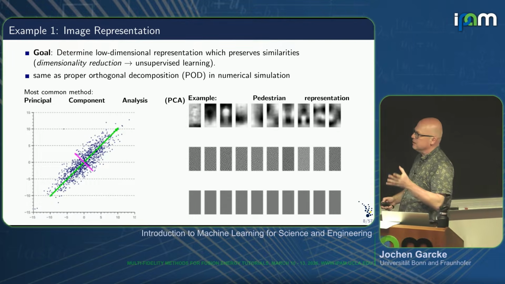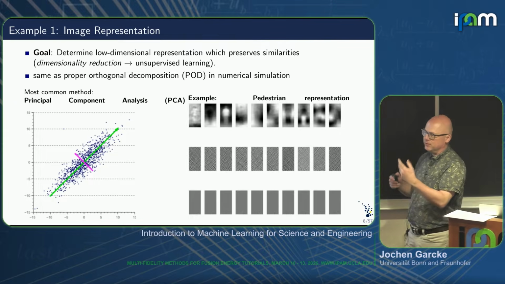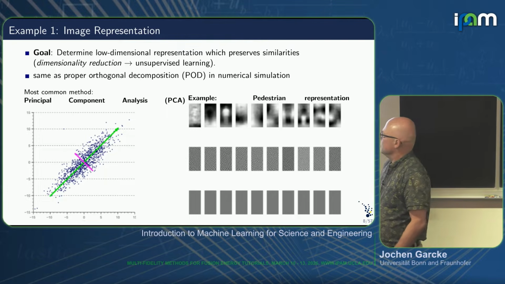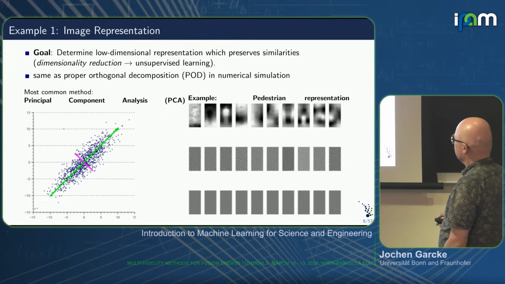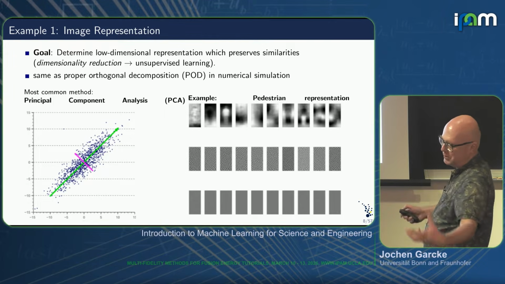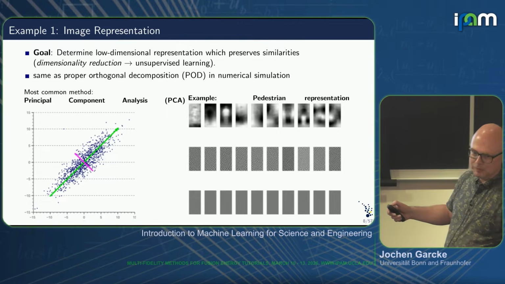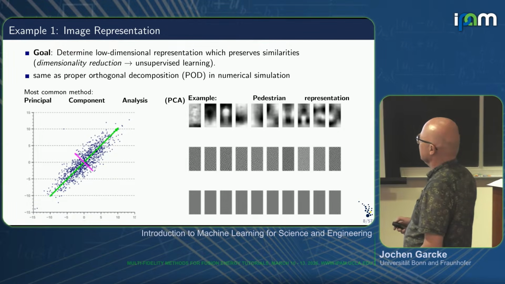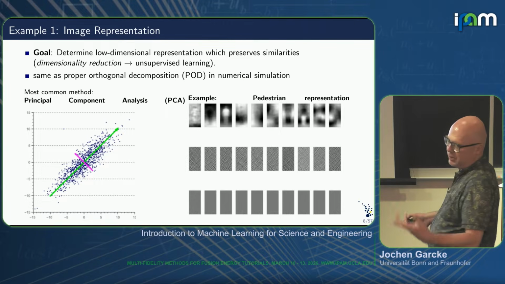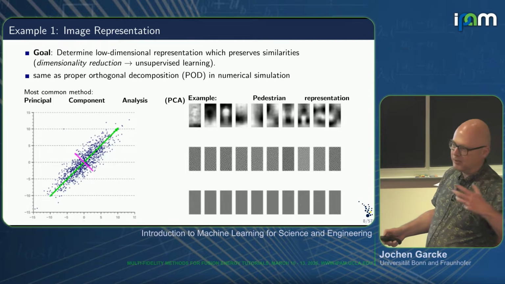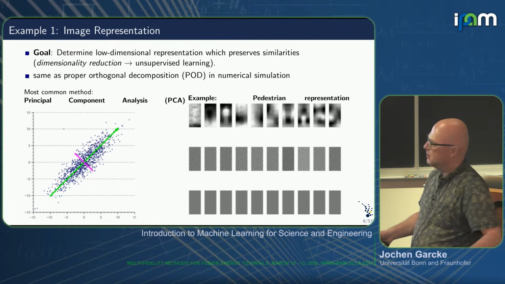Some classical and scientific examples to get a bit more feeling for what's going on. A classical image example is pedestrian recognition, which of course nowadays you would do with deep learning, but just to see that other things could have been done, I just use PCA or dimensionality reduction. PCA is essentially singular value decomposition of your data matrix.